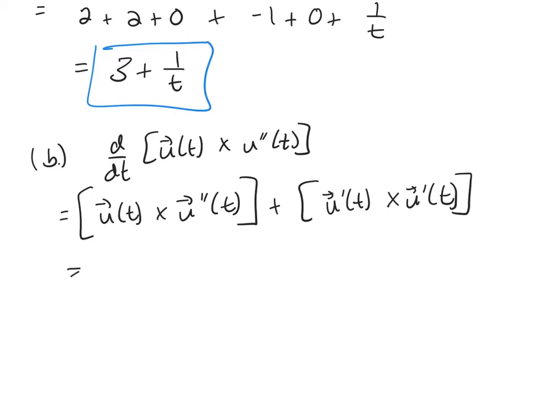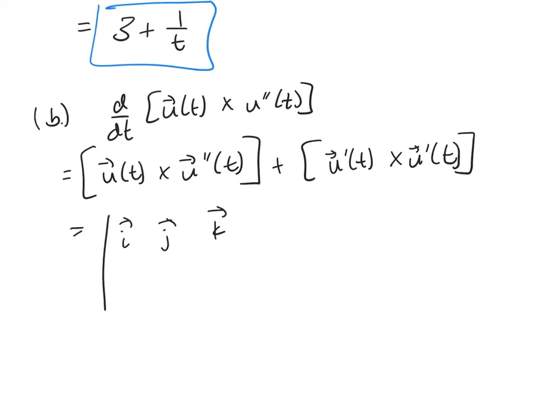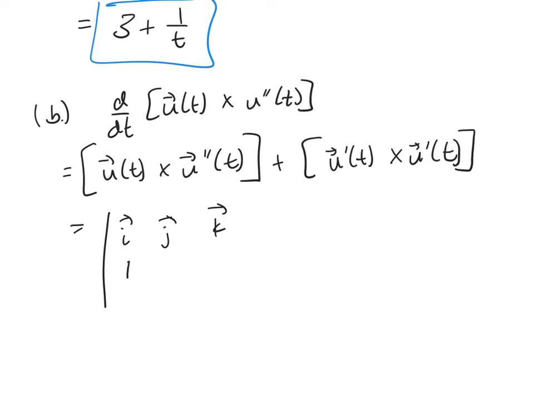So here I'm looking at i, j, k, and the vector u was t squared, minus 2t and 1. So we need the second derivative, so it would be 2, 0, and 0.